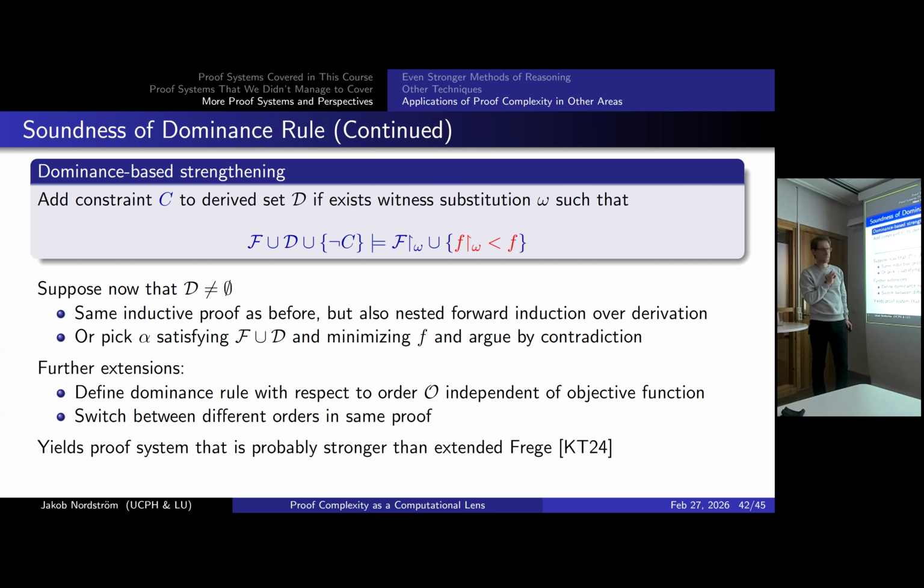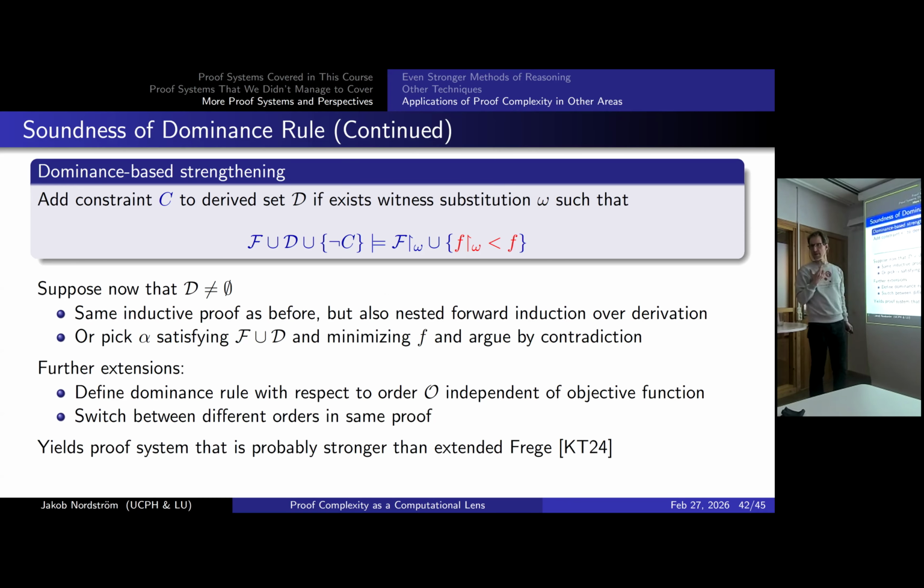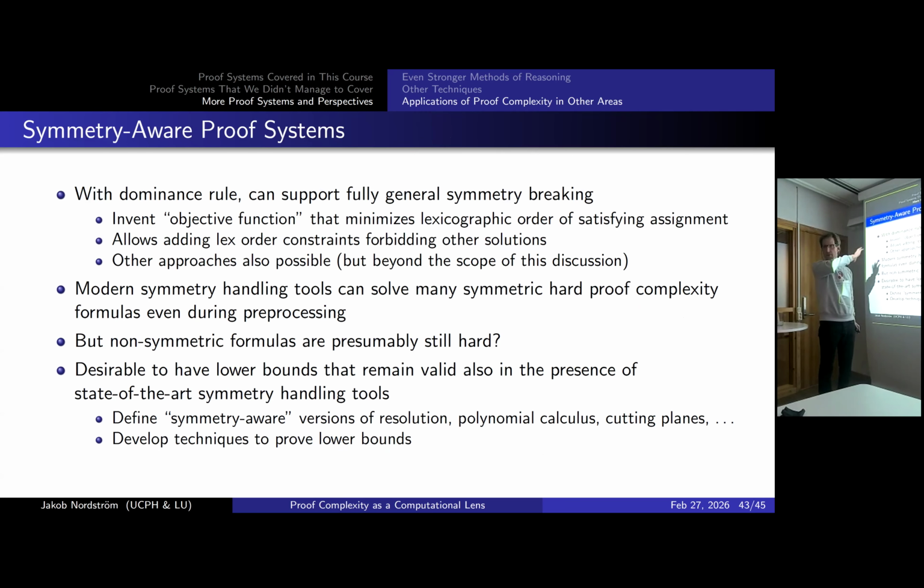The interesting thing is that now we have a proof system that, as was shown by Kolodješek and Tappen, is believed to be strictly stronger than extended Frege. This is G1. And now, why is this interesting? Well, you can say, I'm only interested in SAT. That's fine. But if I'm just solving a satisfiability problem, I could invent an objective. For instance, I can say, decide whether F is satisfiable and minimize the Lex order of the assignment.